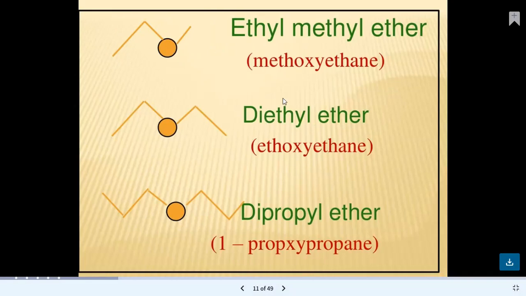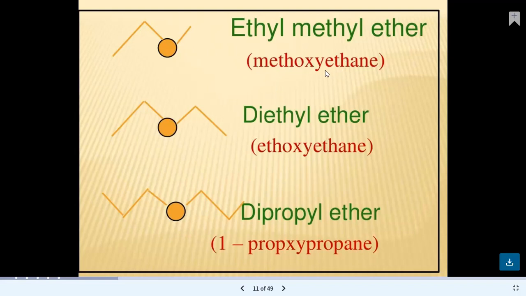Now, that's one of the explanations. That's for the green names that you see here. Now, you can also name it, and this is the IUPAC name. You take the longest chain, in this case ethane, and this is going to be your main chain. So it's going to be ethane, but the ethane will have a methoxy attached to it.